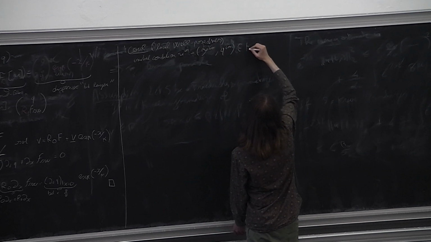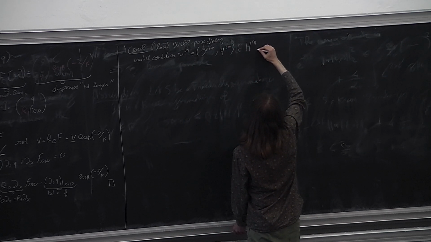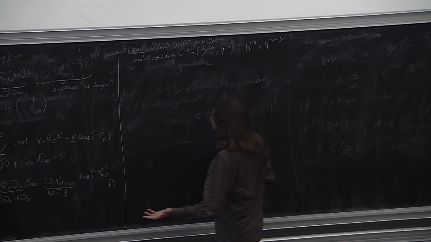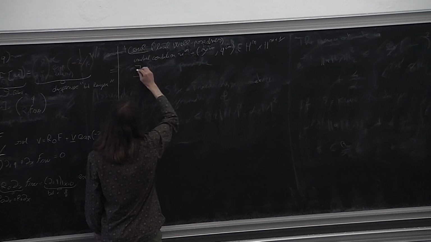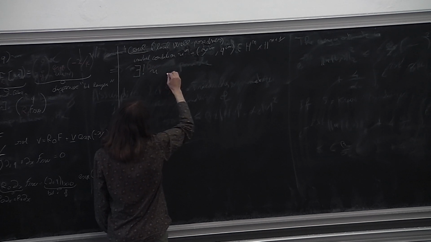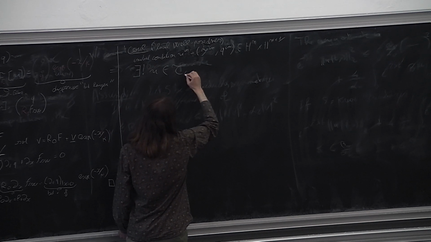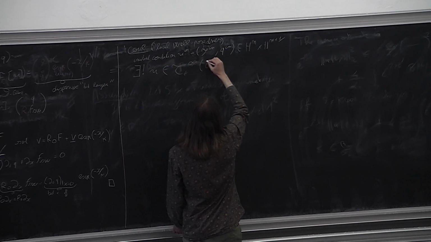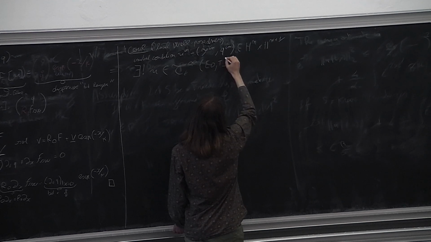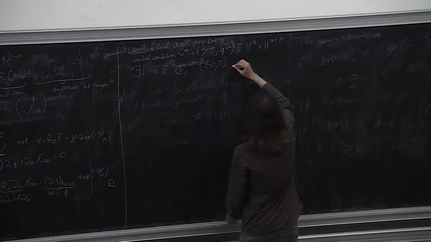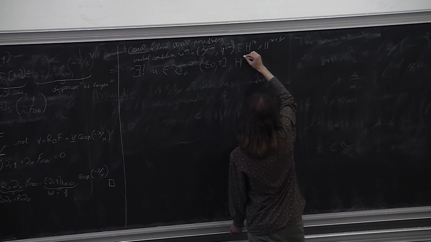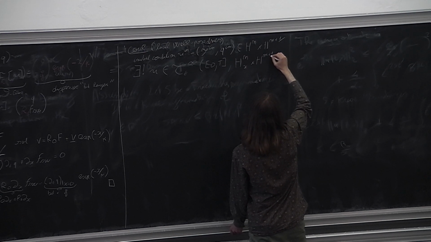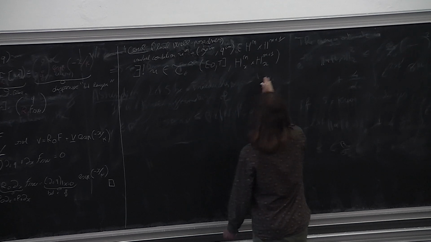If I look for initial conditions in Hn and Hn plus 1, then there exists a unique solution which is C infinity in time locally, and in space it's at the same regularity as the initial condition.